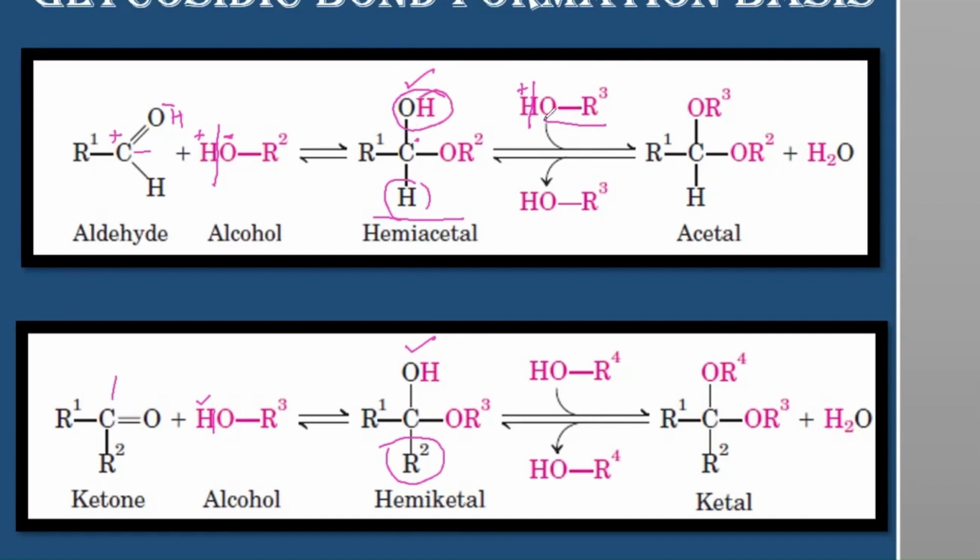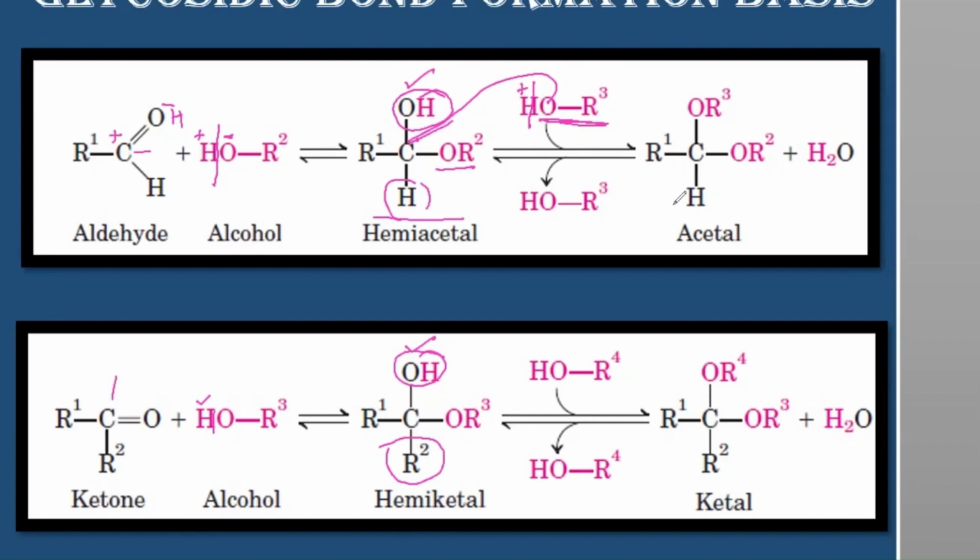So the alcohol ditches its hydrogen, and this hemiacetal, or over here this hemiketal, ditches this hydroxyl group, and after ditching it forms a new bond with this OR group, which means another ether group gets associated with this carbon. One ether group is already associated with this carbon, right, which happened during the cyclization. Now there is the formation of another ether bond.